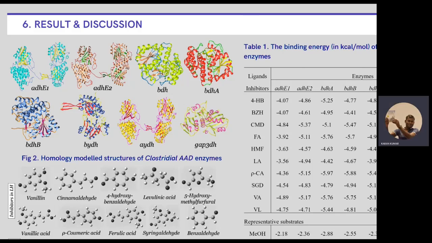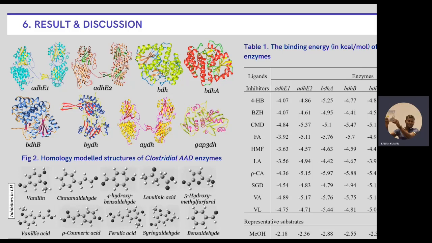Second category includes alcohol specific enzymes, which are BDH, BDHA, and BDHB, while the rest three are aldehyde specific enzymes.